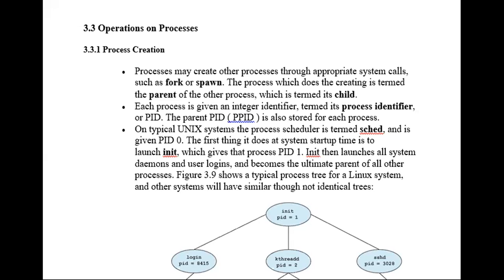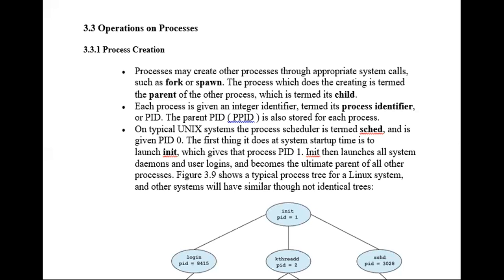So either by using fork or spawn, we can create the parent or the child process. The process which does the creating is termed the parent process, and the newly created one is called the child process.